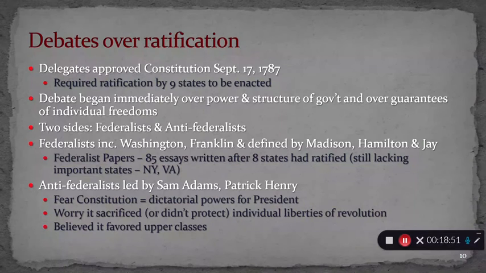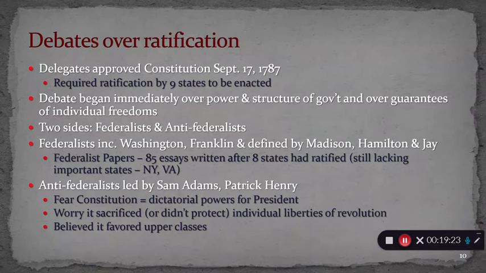They want to try to convince New York to ratify, because they believe if New York ratifies, that will be the domino that will push all the others down. So they write a series of 85 different essays, the Federalist Papers, that address all kinds of different arguments against the Constitution. And some of these Federalist Papers are hugely influential parts of American political theory.